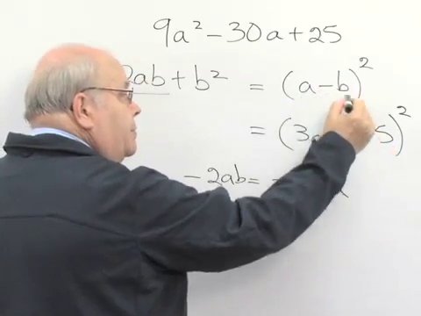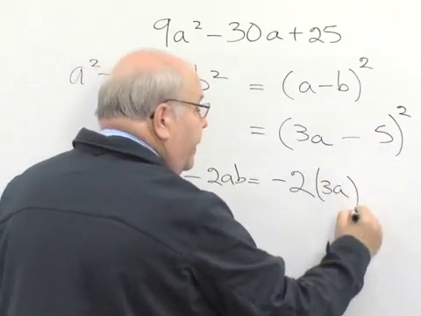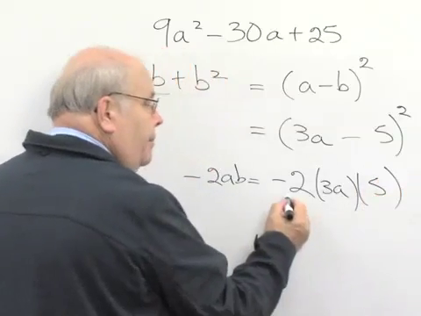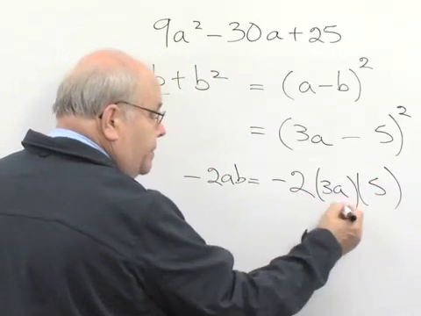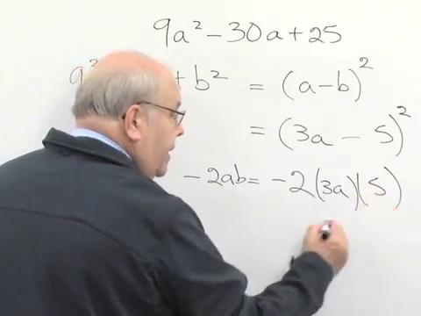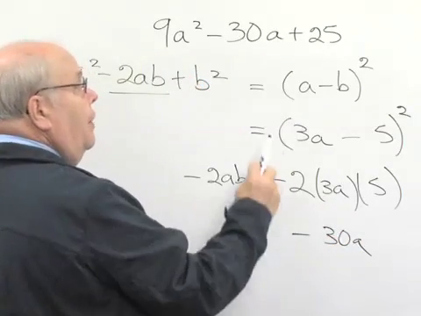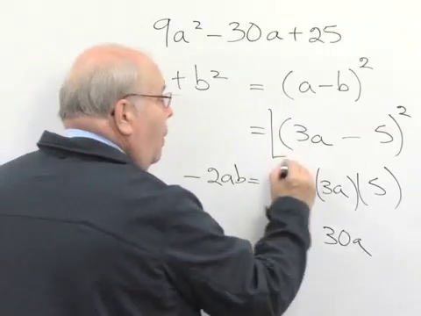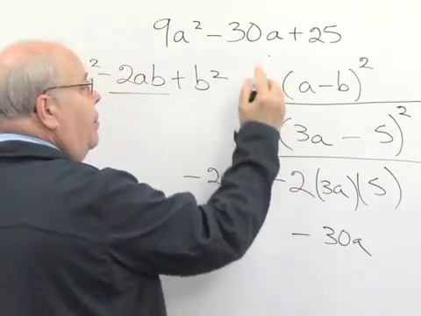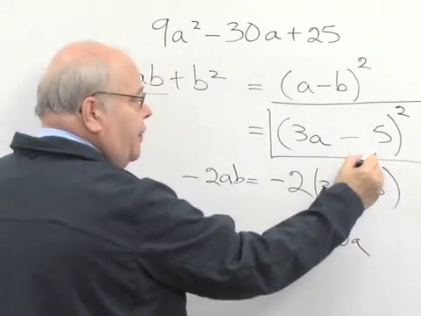We have a minus b. What is the b? It is 5. So we multiply minus 2 times 3a, that's minus 6a, minus 6a times 5 is minus 30a. Sure enough, it is the correct answer. So we have, for an answer to our problem, 3a minus 5 squared.